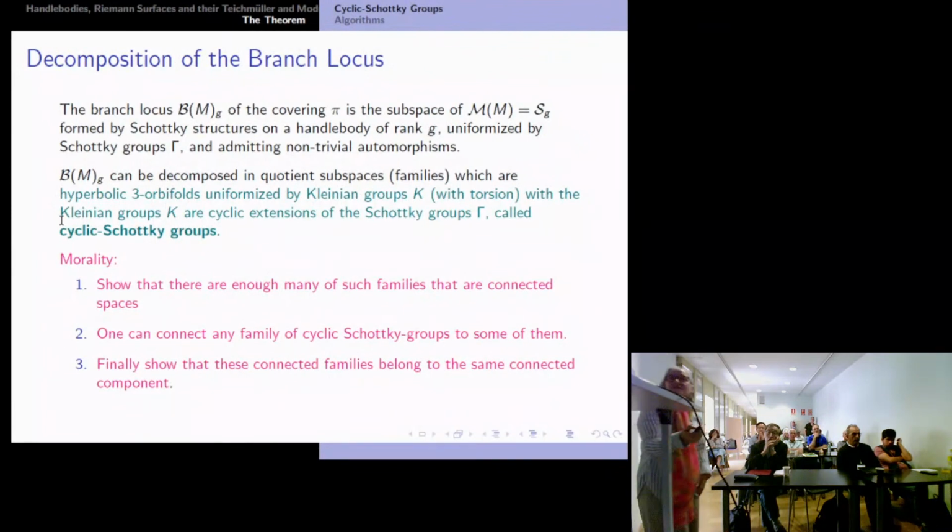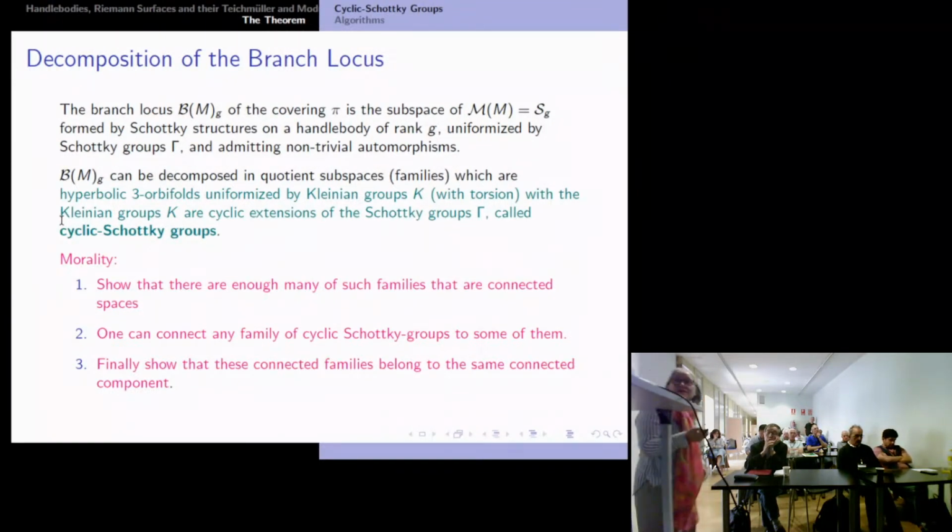So now we will decompose the branch locus in families which are good enough. And the families of the branch locus have to be given by an automorphism. They will be what we call cyclic Schottky groups. So they are given by an automorphism. And of course we extend the Schottky groups with the subgroup generated by this automorphism. And one can also show that in fact the order of this automorphism can be taken prime.